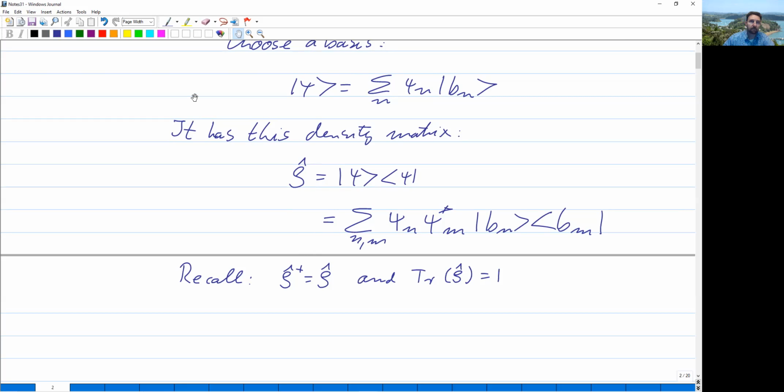Okay, now what does mixedness mean again? Definition. All other states are mixed.